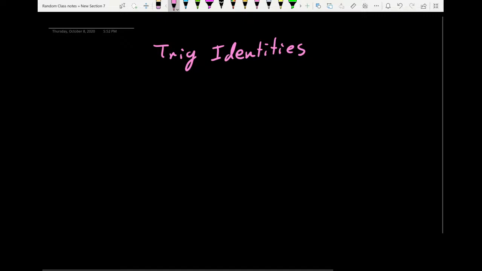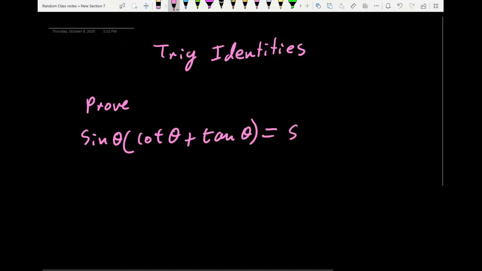All right, this section is all about establishing identity. So, prove sine of theta times cotangent of theta plus tangent of theta equals secant of theta.